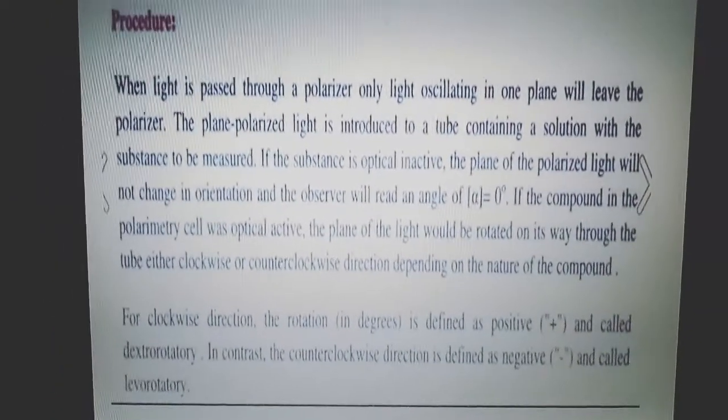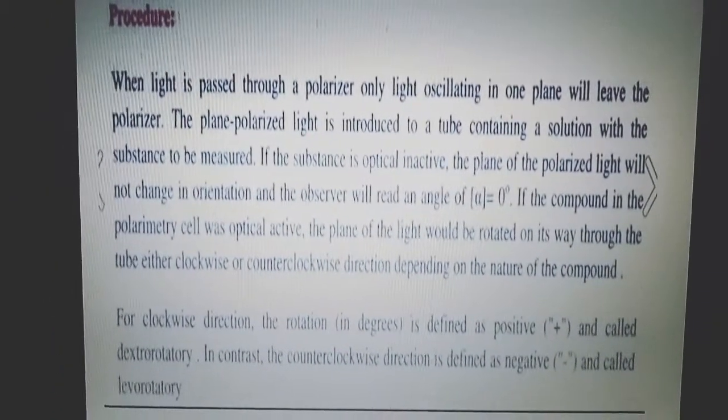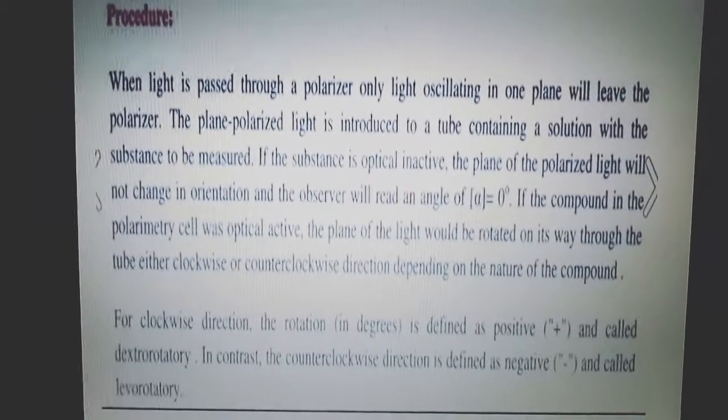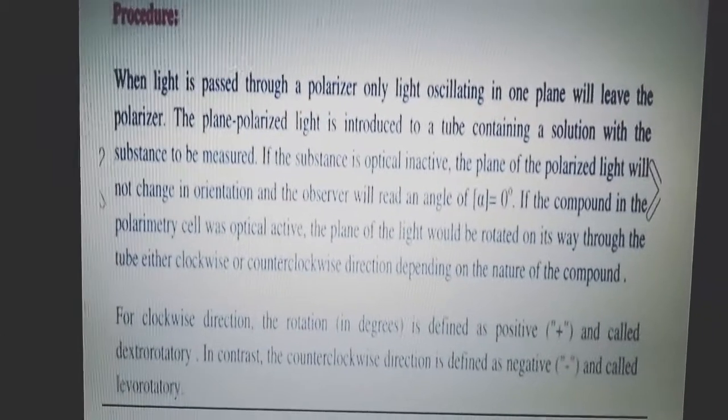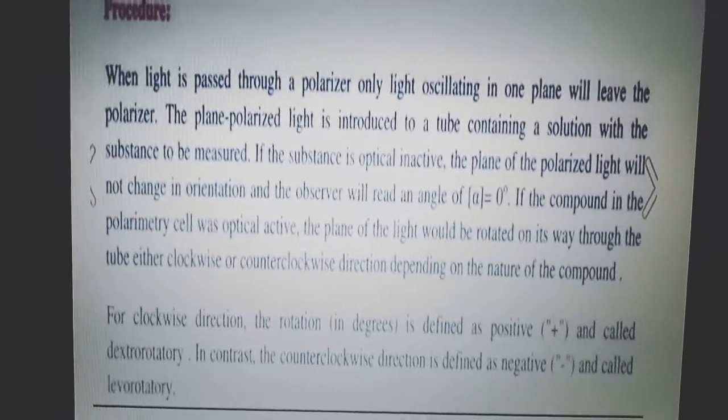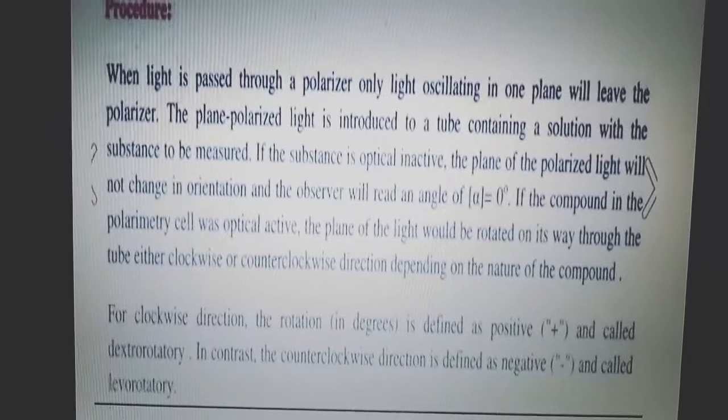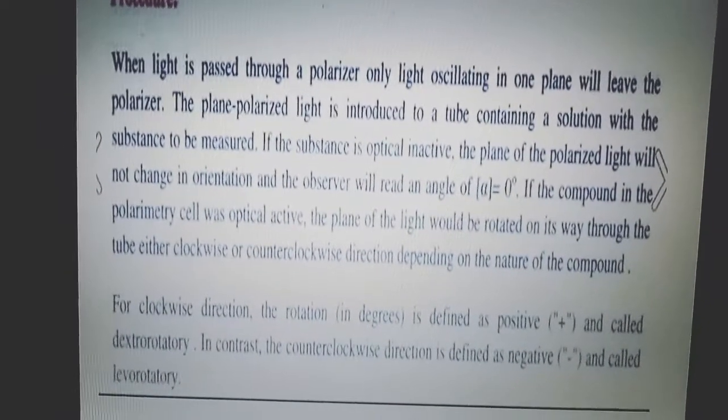Now students, you can also study the procedure of measurement of optical activity. When the light is passed through a polarizer, only light oscillating in one plane will leave the polarizer. The plane polarized light is introduced into the tube which contains the sample.